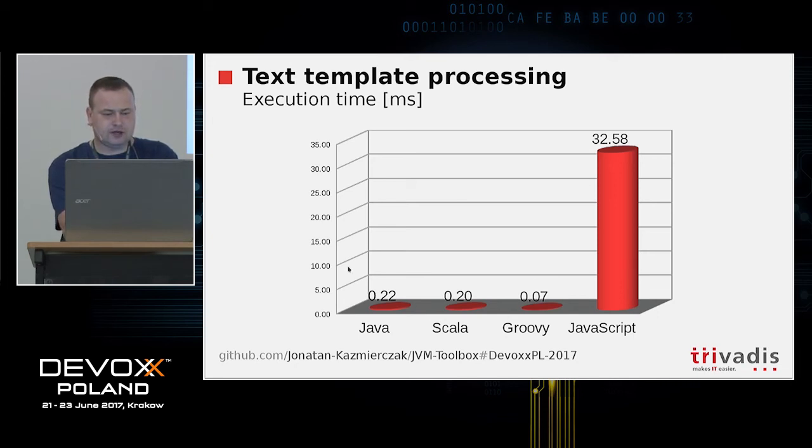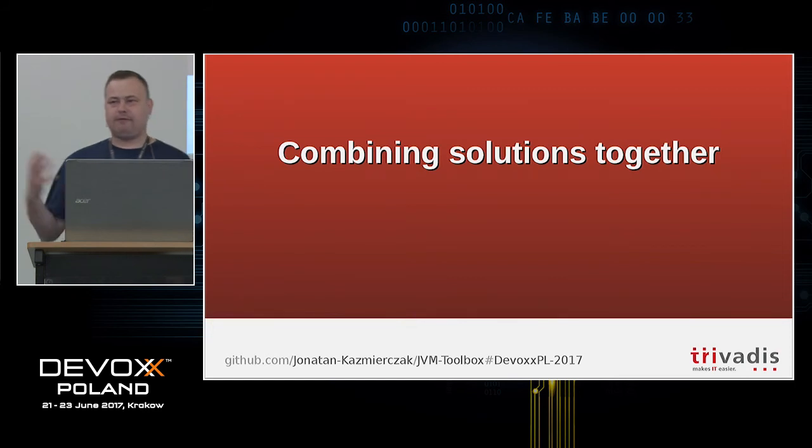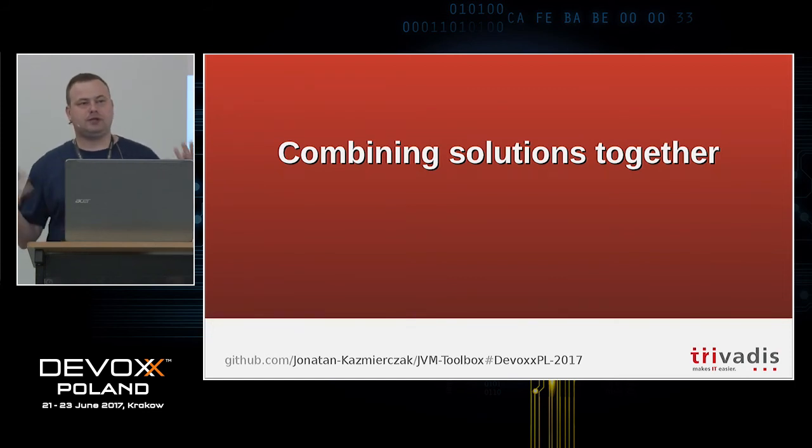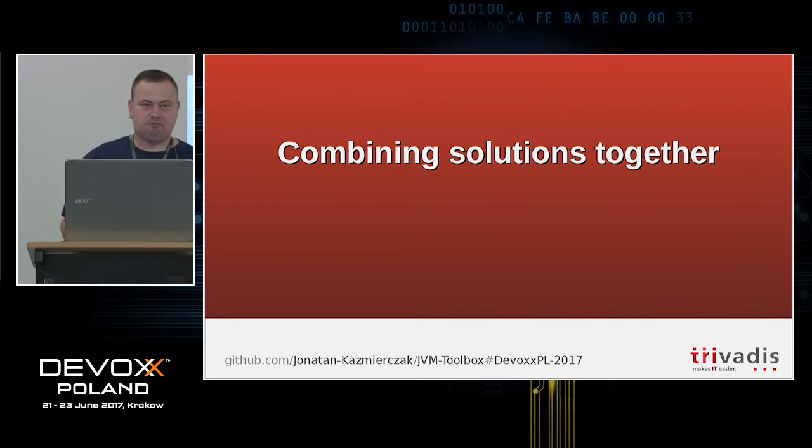And then Scala and Java, both of them have to determine everything at compile time, and they are 3 times slower than Groovy. And JavaScript, yes, no comment. I'm sure we will not use it for text processing. Templating.